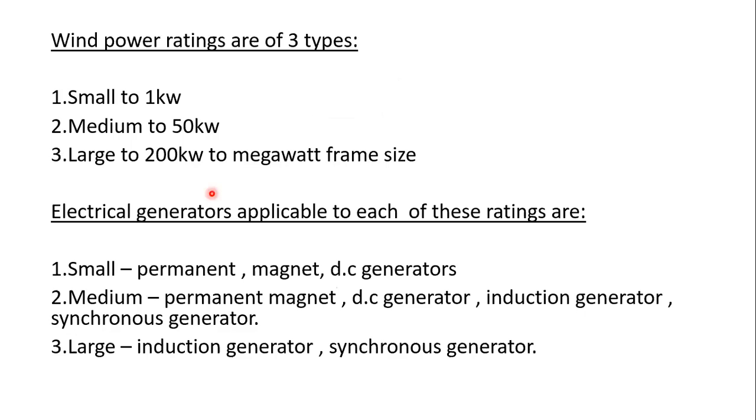Up to 1 kilowatt we call it small, up to 50 kilowatts we call it medium, and from 200 kilowatts up to some megawatts frame size we call it large. Okay, so what are the electrical generators applicable to each of these small, medium, and large generators, we will discuss now.